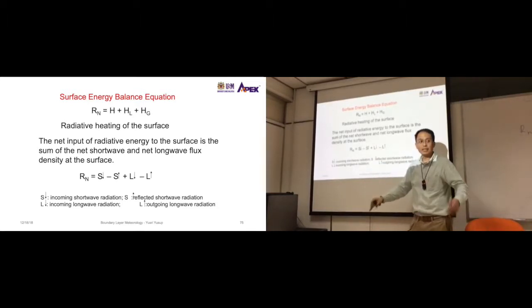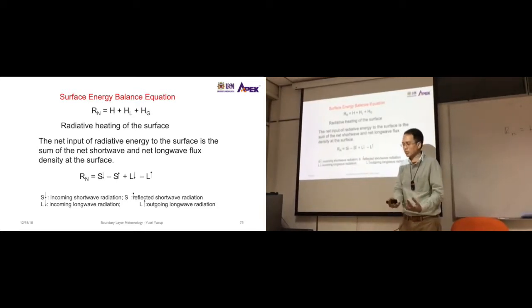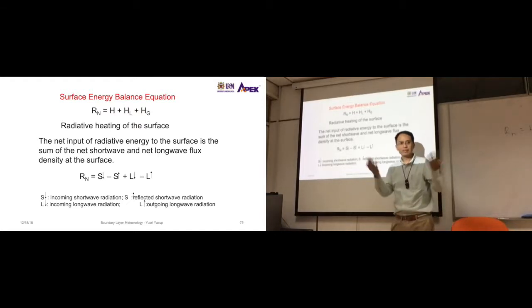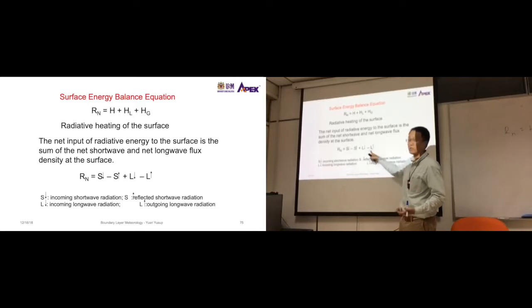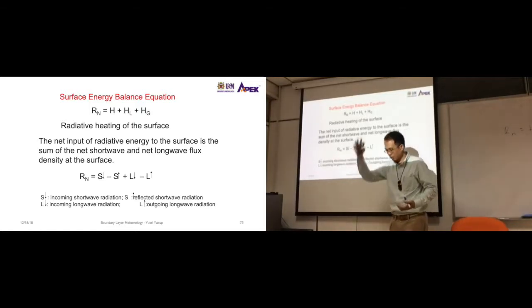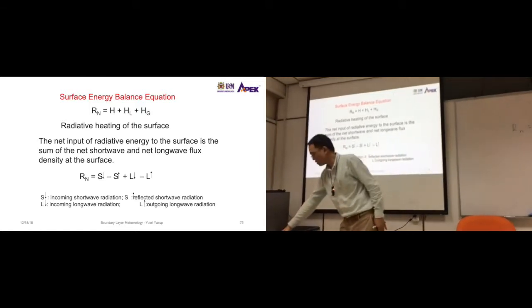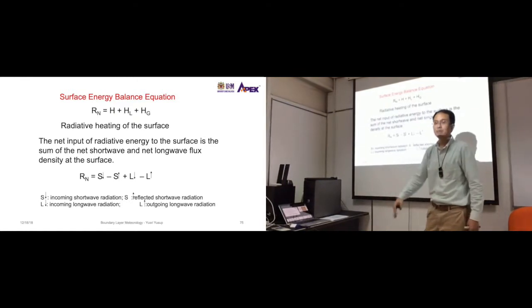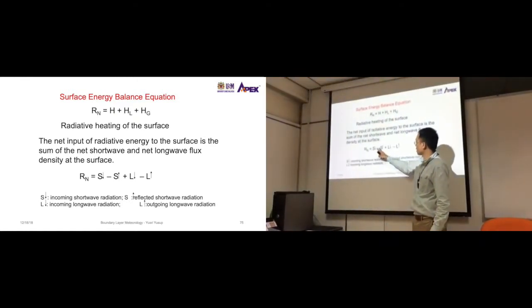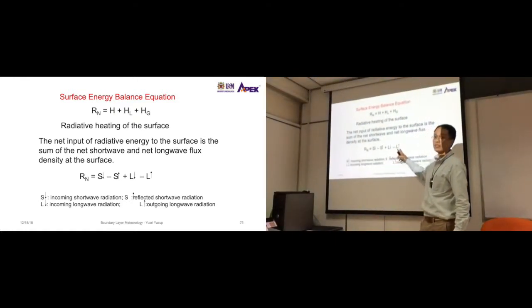The surface that accepts the shortwave would also emit some energy, but in the longwave portion. So this one could also be large. But it also accepts some longwave that comes from other objects. For example, here it emits, but this also emits, and it goes in, and so on. So it's all about in minus out, in minus out.